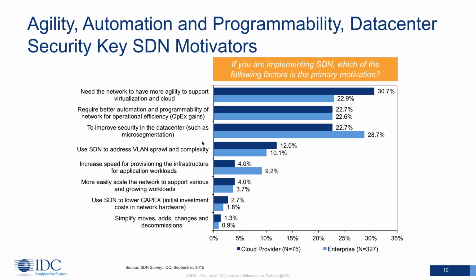And you can see that they also had some interesting cases around SDNs for VLAN sprawl, as we just saw in our poll here, and increasing the speed of provisioning the infrastructure for application workloads was in there as well. The biggest difference between the live poll we did and this one was that security was called out more by the enterprise respondents that we surveyed, but otherwise, I think there were quite a bit of commonalities in terms of the responses we had just now and the responses that we had in our survey for IDC worldwide.